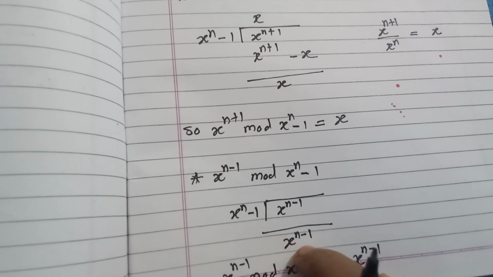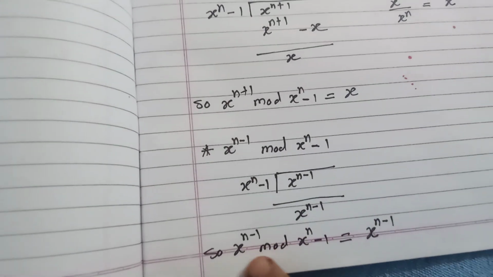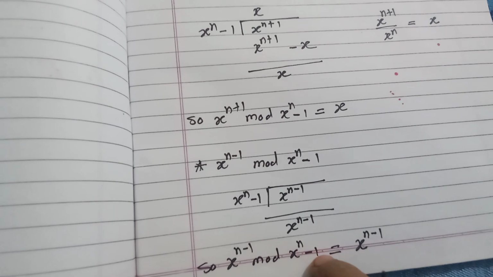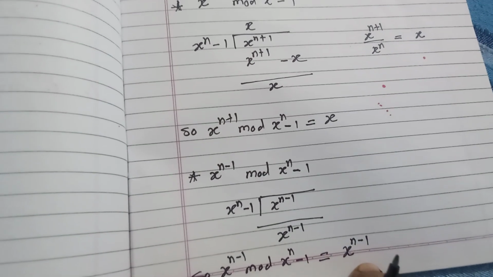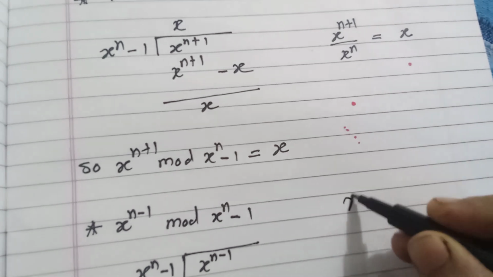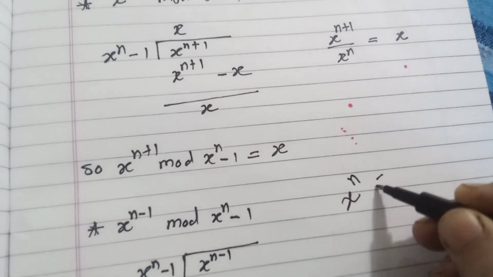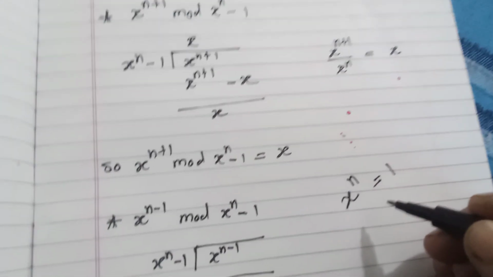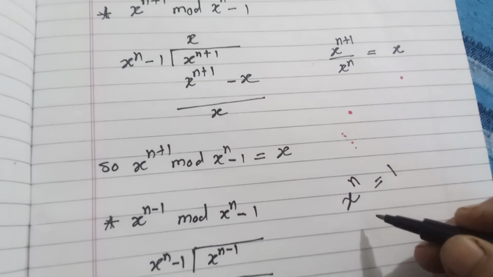The answer is x^(n-1). So x^(n-1) mod x^n minus 1, its remainder is x^(n-1). So simply in cyclic codes, when you see x^n, you have to replace it with 1, because there are mod x^n minus 1 operations.